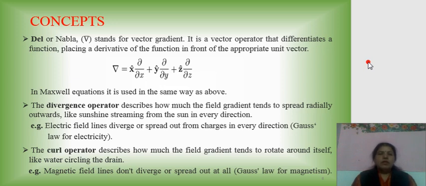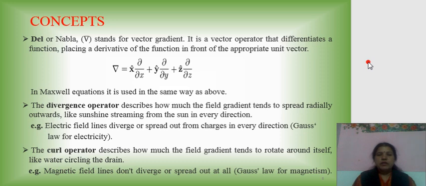What is divergence? The divergence operator describes how much the field tends to spread radially outward, like sunshine streaming from the sun in every direction. As sun rays fall in every direction, the divergence operator also describes that the field spreads radially in an outward direction. Example, electric field lines diverge or spread out from charges in every direction.